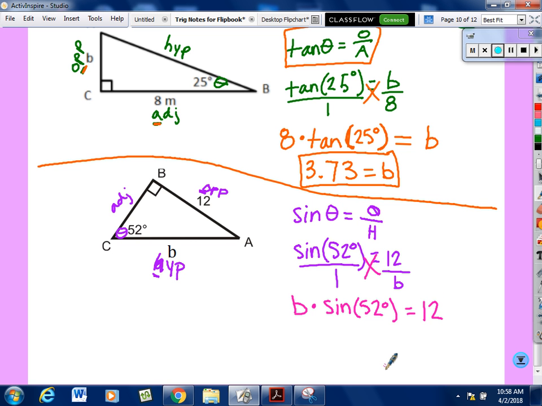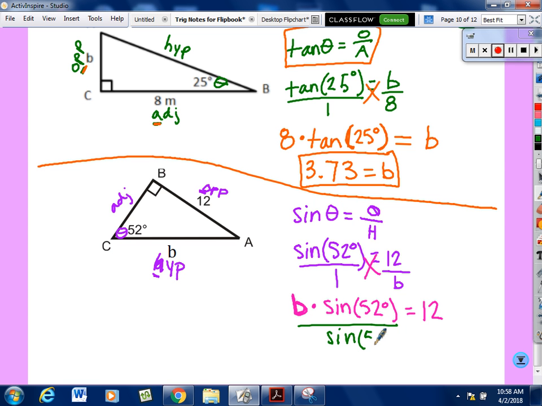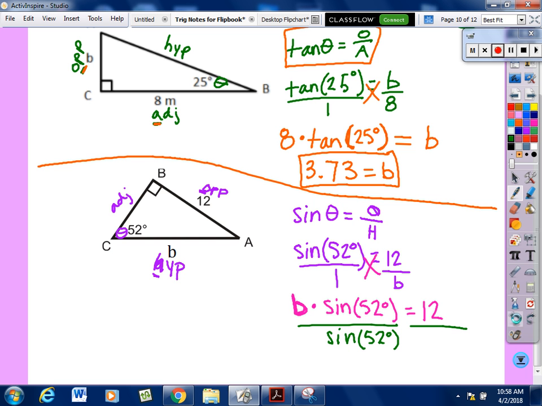Now, in this case, I can't multiply like I did on the problem above because I don't know what B is. Instead, I need to think of getting B by itself. So to do that, we're going to divide both sides by sine of 52. What that does is cancel out the sine from both sides. So if I divide both sides by sine of 52, now I have something that I can enter in my calculator.